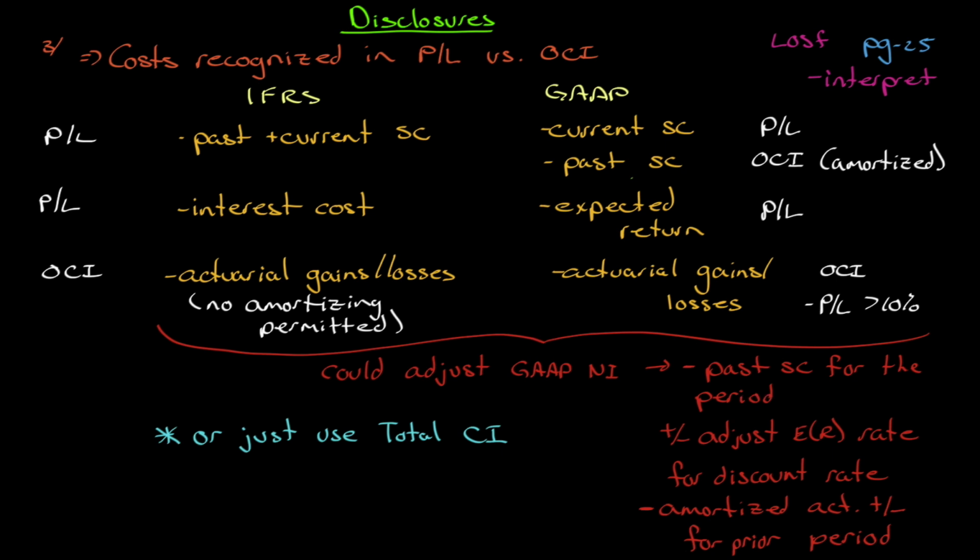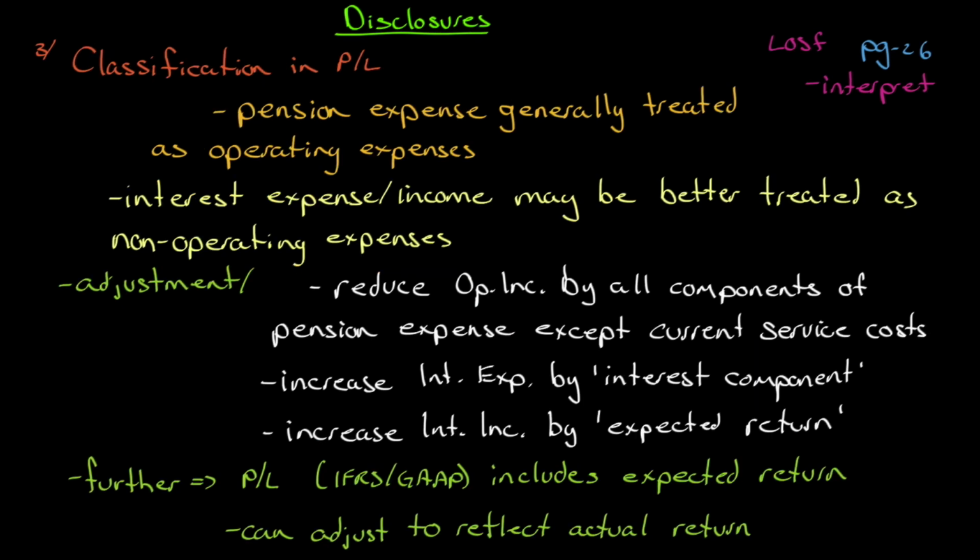So beyond just where we send the cost, whether it goes to P&L or OCI, even within all the P&L expenses, pension expenses are generally treated as operating expense, but the interest expense or interest income may be better treated as a non-operating expense. So let's be clear what I'm saying here.